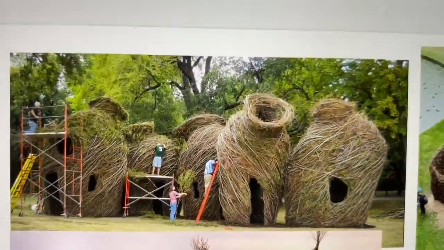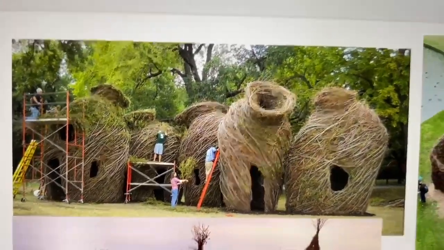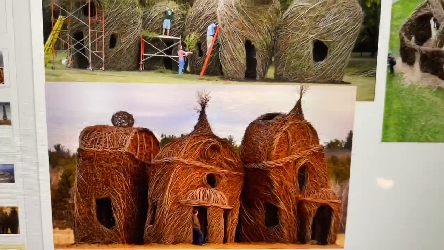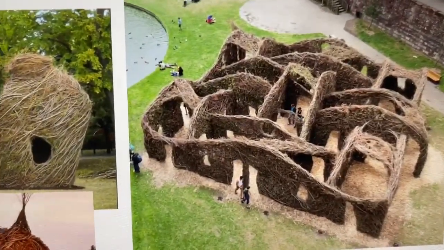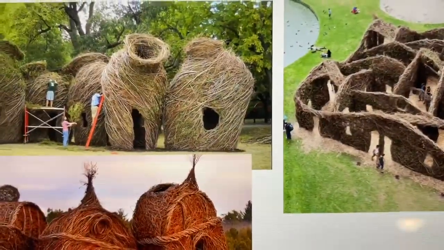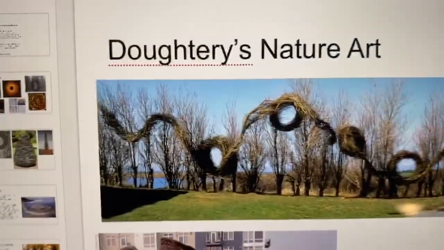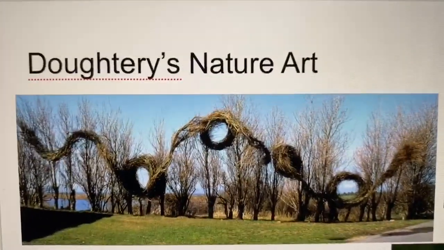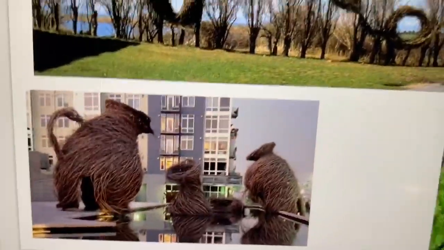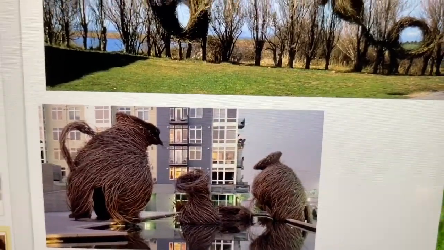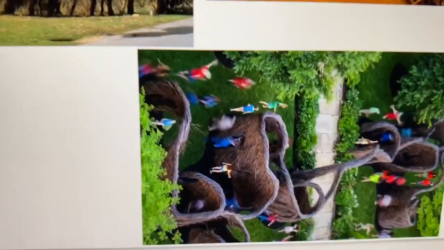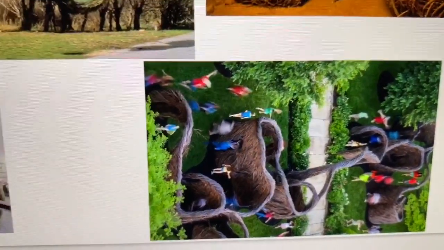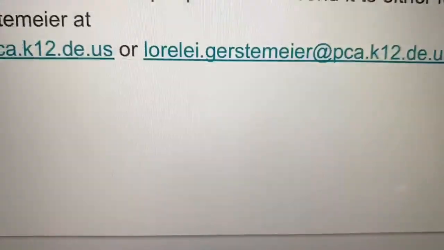You can see the size difference between our size and the size of his sculptures. So these are entirely made of twigs. You can see some are in trees, some are in urban settings, or some are out in the country. You can see that there are people interacting with some of them.